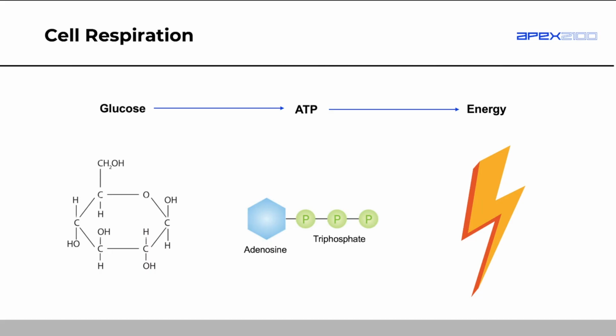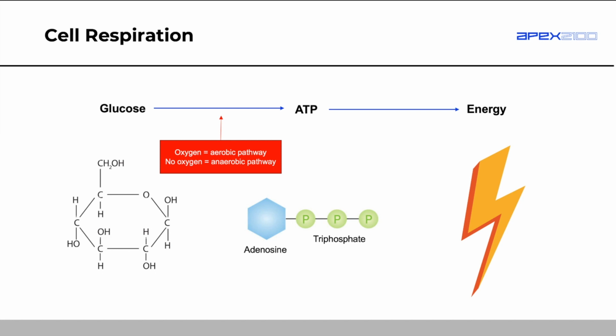And then we've spoken about ATP and what that means. So within this first system here, glucose to ATP, we're going to go through one of two pathways. It's either going to be aerobic, where there's oxygen, or anaerobic, where there's no oxygen.